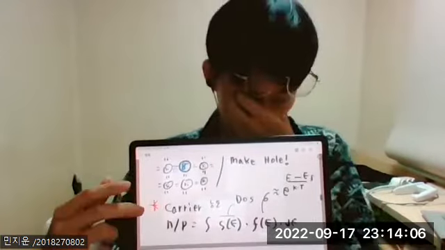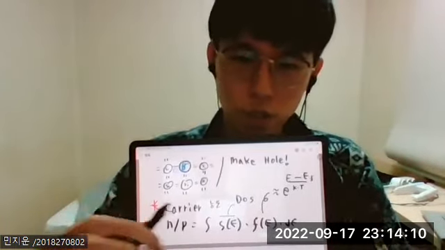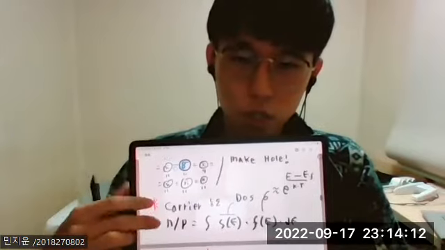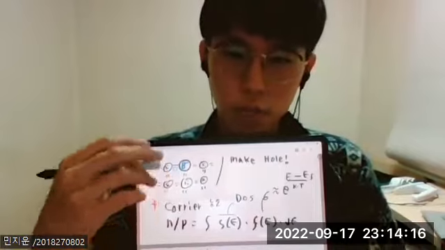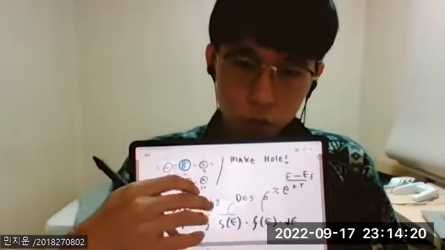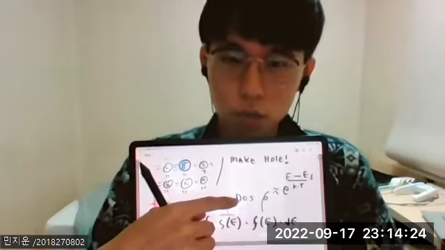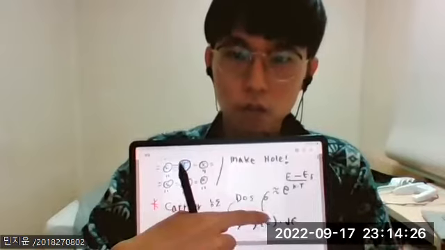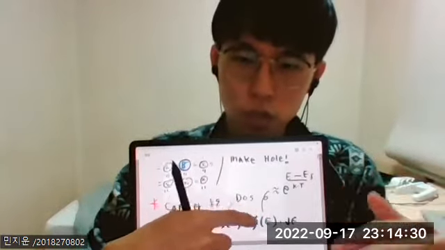And next is about the carrier concentration. Before we explain the carrier concentration, we need to know the density of state function and the Fermi-Dirac probability function.